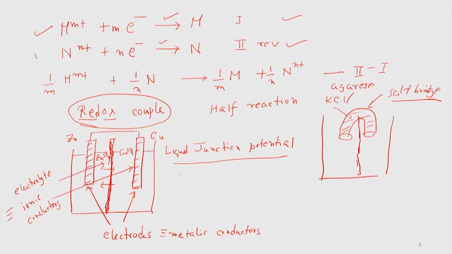Now, the two reactions here are two redox reactions, just like we stated in the very beginning: zinc ion in aqueous solution is getting reduced to zinc metal, which is solid, and similarly copper ion in aqueous solution is getting reduced to copper, which is solid.